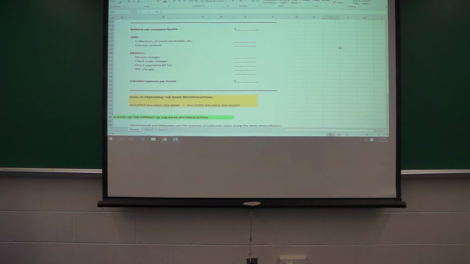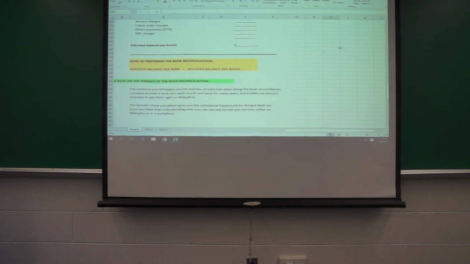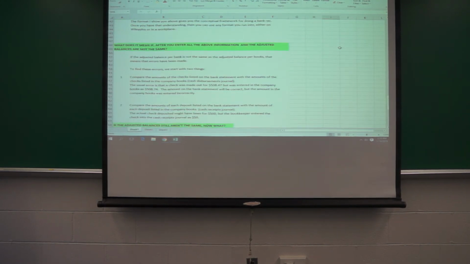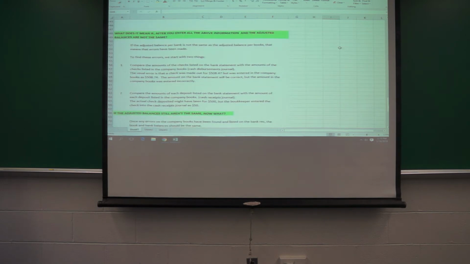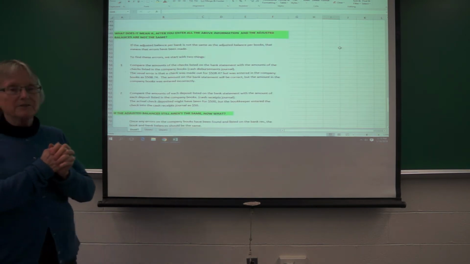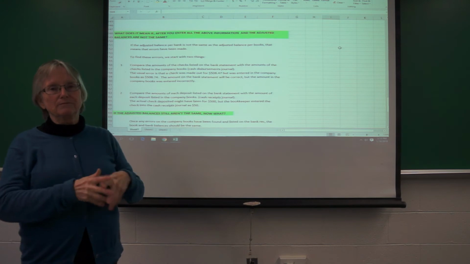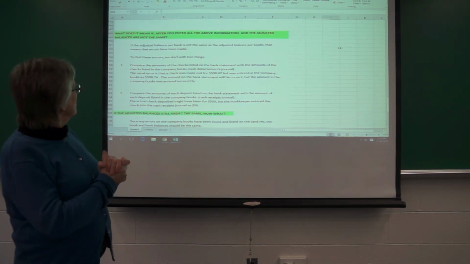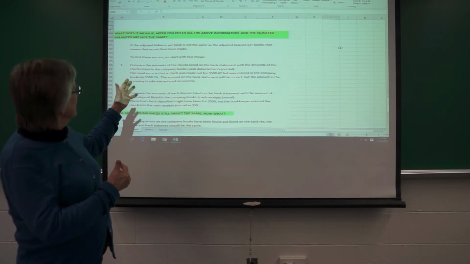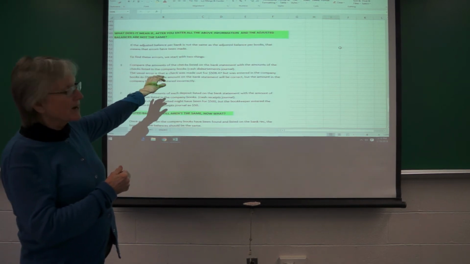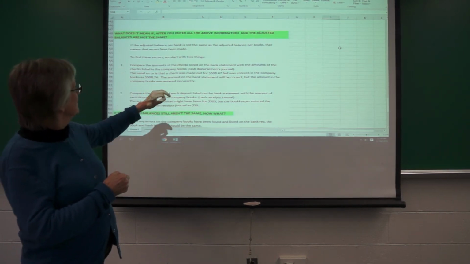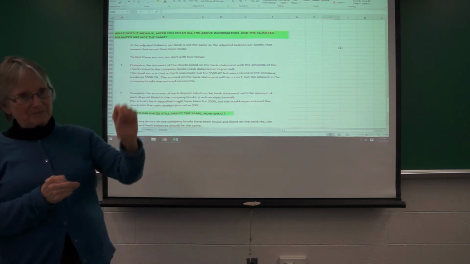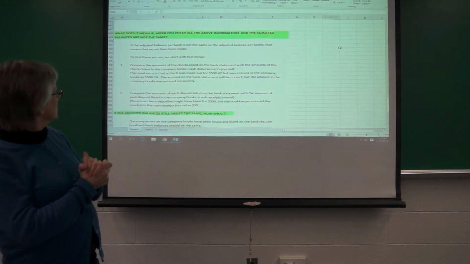All right, what else here? Oh, then if the amounts don't come out right, there's usually been some errors made, generally on the company books. At that point, you have to compare the amounts of the checks listed on the bank statement with the amounts on the company books.